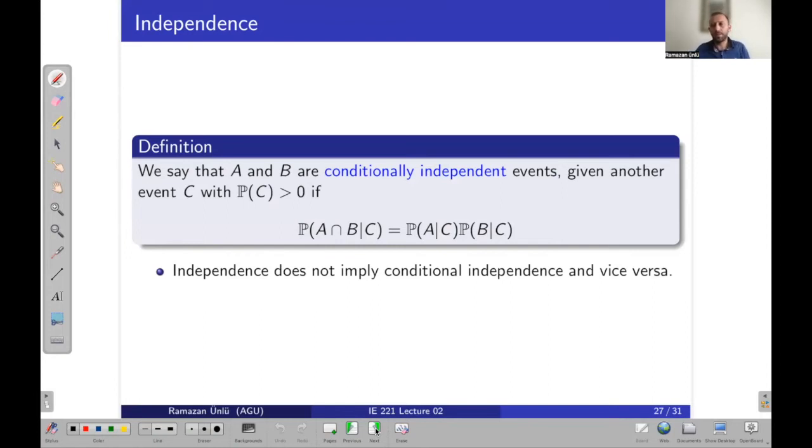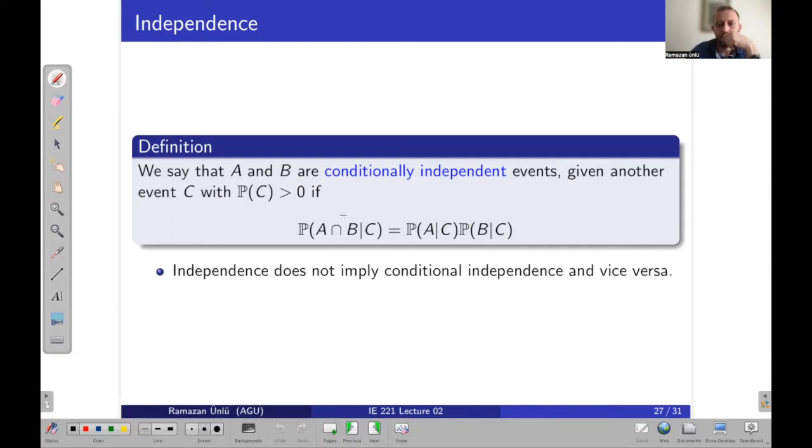We say that A and B are conditionally independent events given another event C, with the probability of C greater than 0, if we can yield this equality: probability of A intersect B given C is equal to probability of A given C times probability of B given C. So this is the case, but how can we prove that one?